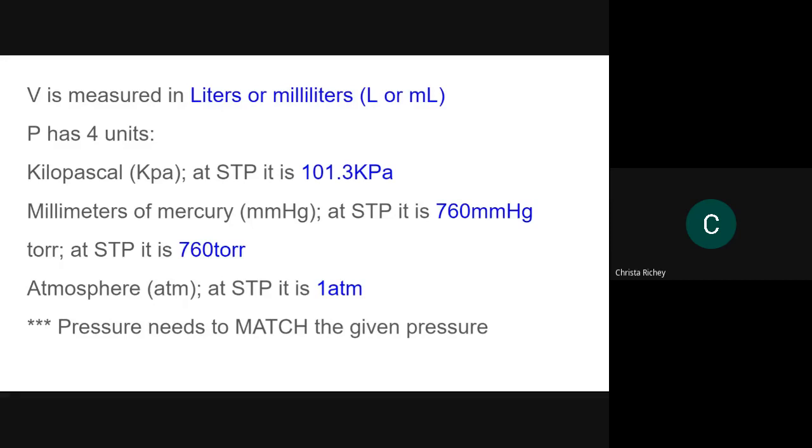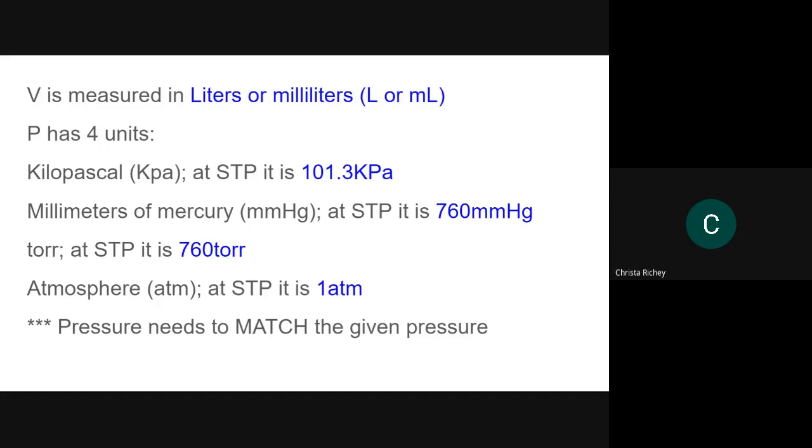Let's say we have 916 millimeters of mercury, and then the other pressure is said to be like 2.4 atmospheres. You could switch them into either one, but you either need to change this into atmospheres or change this into millimeters of mercury.